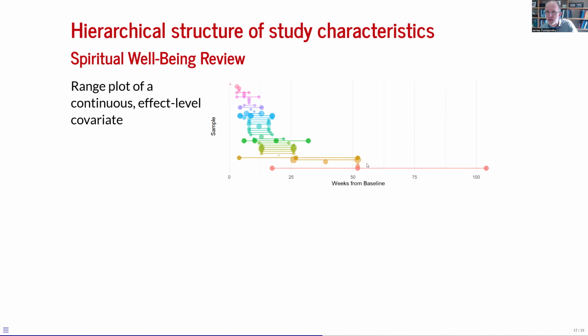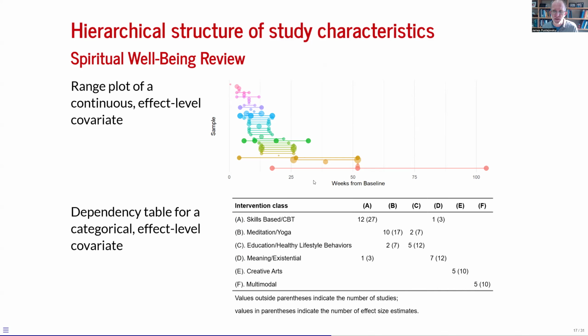Plots like this kind of look like forest plots almost, in that there's a row for every sample in the database, but the horizontal axis is not the effect size estimate, it's a different value. I think this is useful for continuous characteristics.